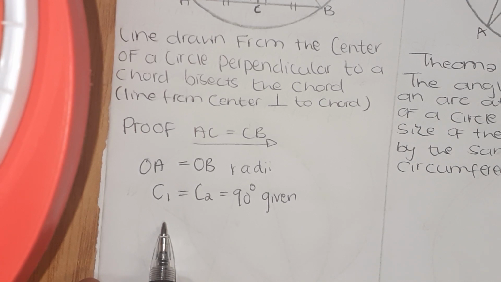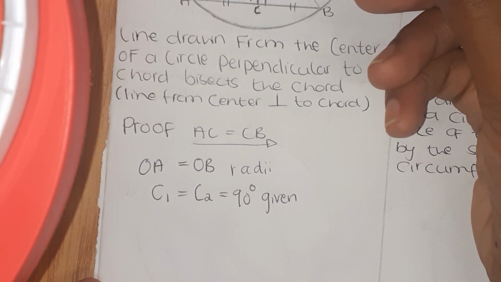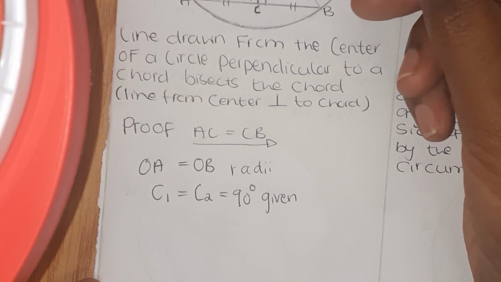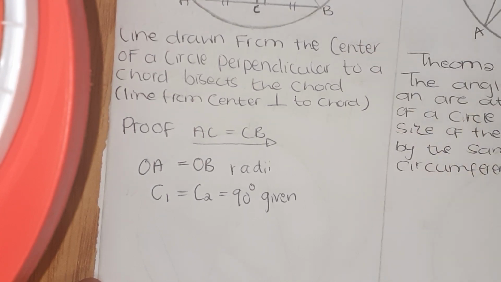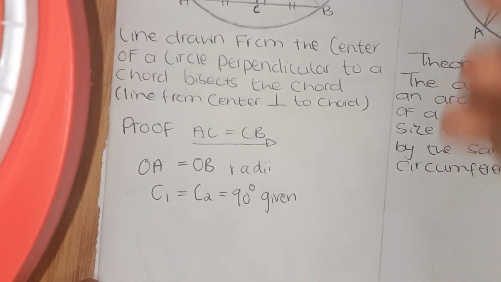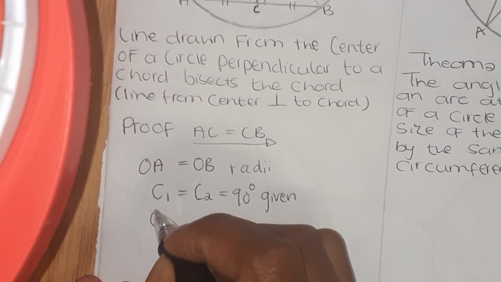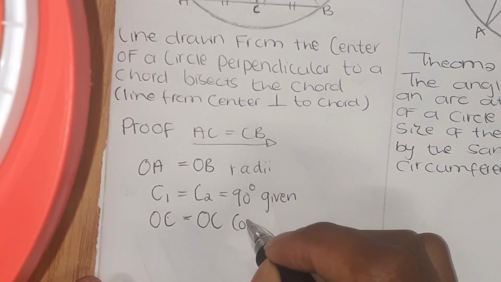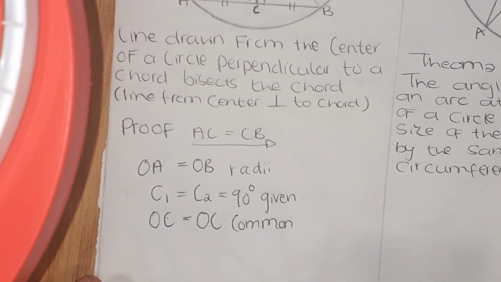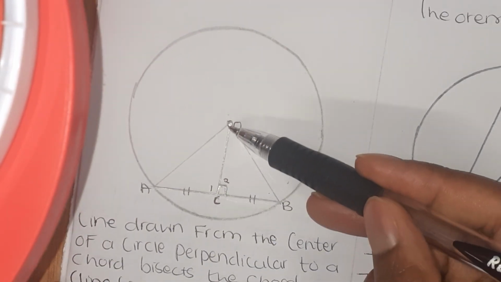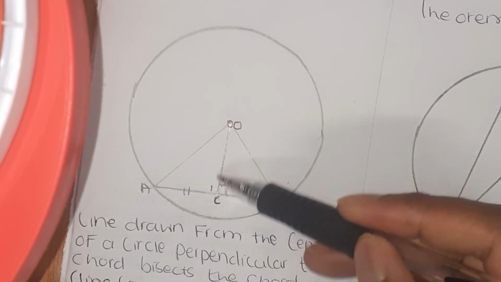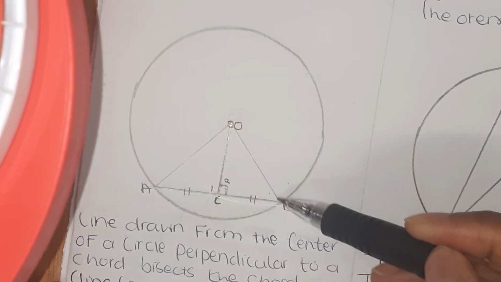And then now what we can do is that OC for this triangle equals to OC for this triangle, and the reason is a common line. They both have a common line. OC here for this triangle is the OC for this triangle.